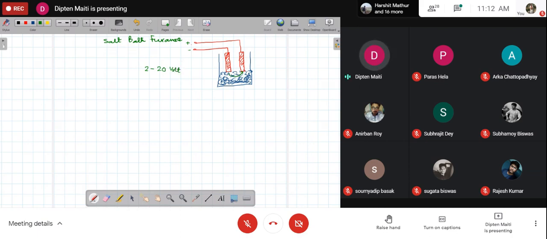If that is supplied by DC, we require some sort of converter such that the voltage is lowered. The converter can be in terms of a chopper. If supplied from AC, we should have a transformer to step down the voltage, such that the voltage supplied across the electrodes is lower.